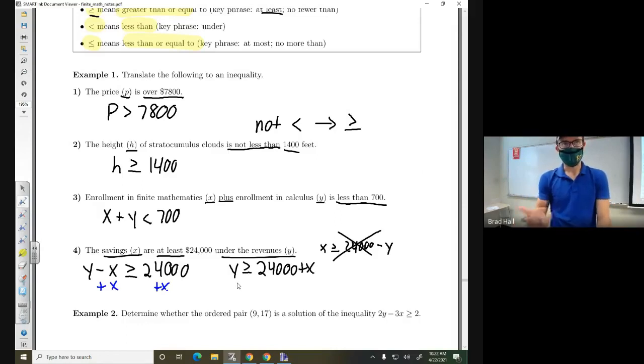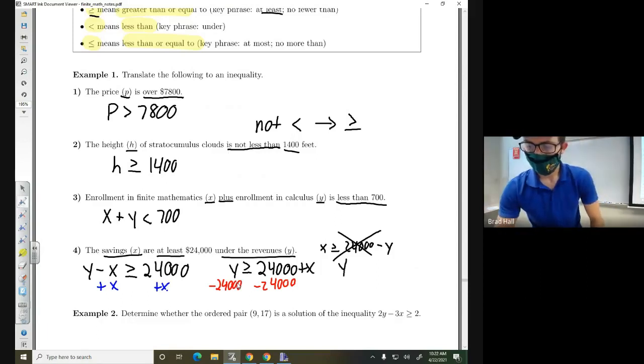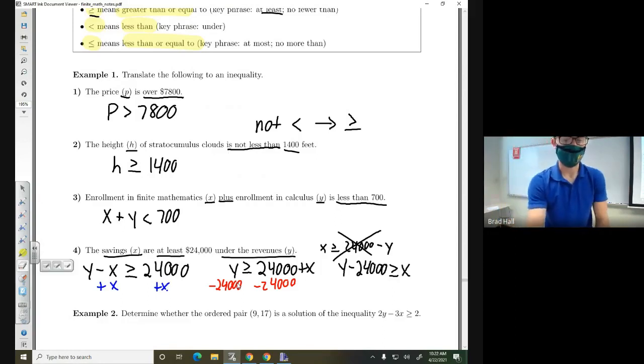They want X completely by itself. Again, just a random formatting thing. So you would have to subtract 24,000 on both sides. Y minus 24,000 is greater than or equal to X. And that's the answer they will accept.